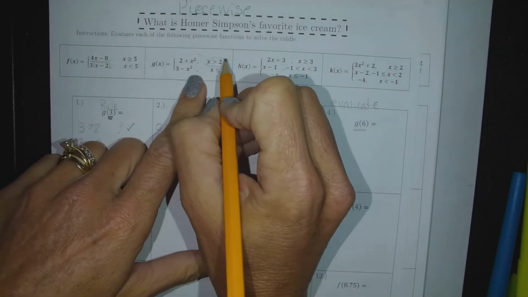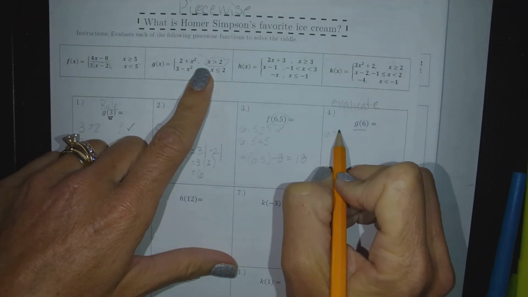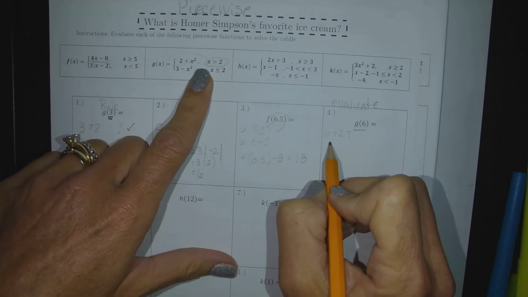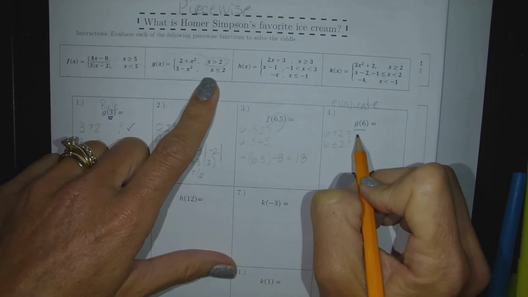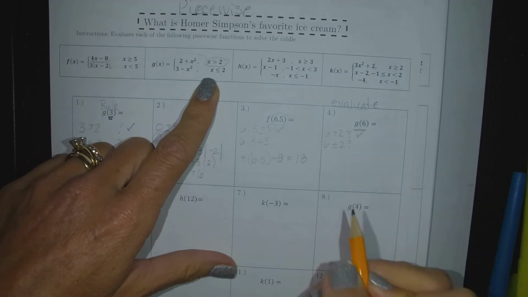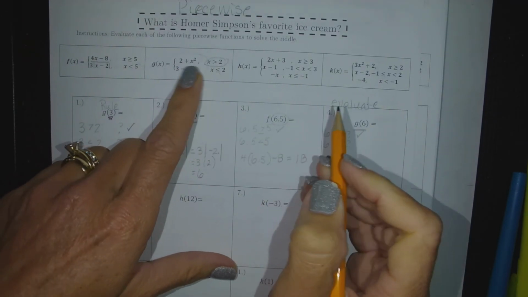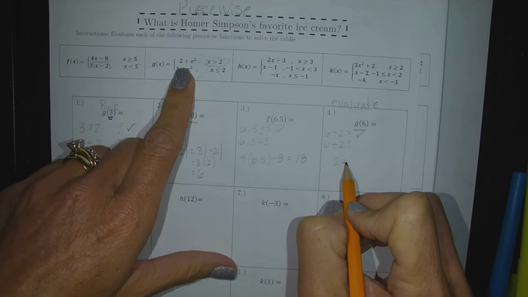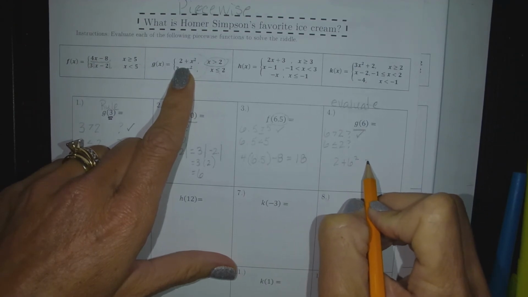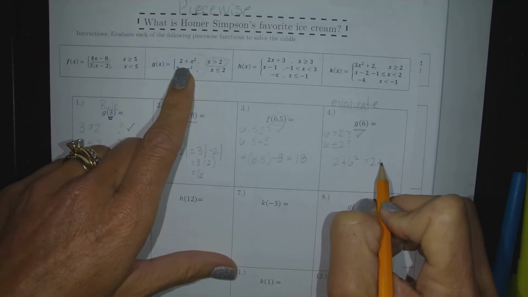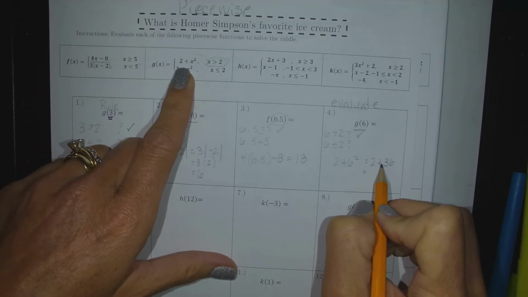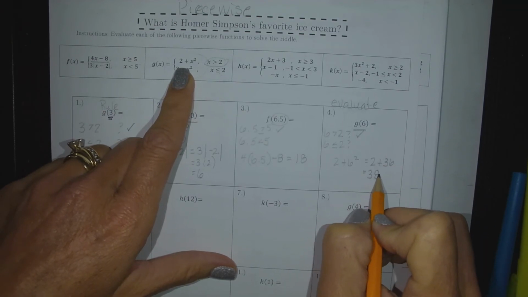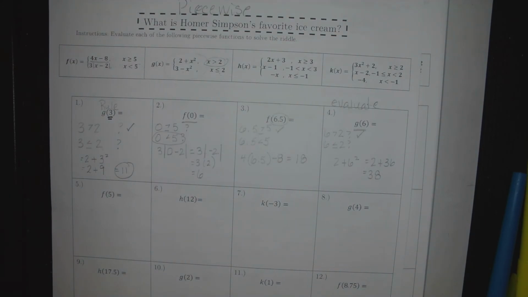All right, so here's our 2 ranges. Is 6 greater than 2? Or is 6 less than or equal to 2? Okay. 6 is greater than 2, so we're going to use the first equation. So we're going to say 2 plus 6 squared, which is 2 plus 36. And 2 plus 36 is 38. All right, hopefully you got that.